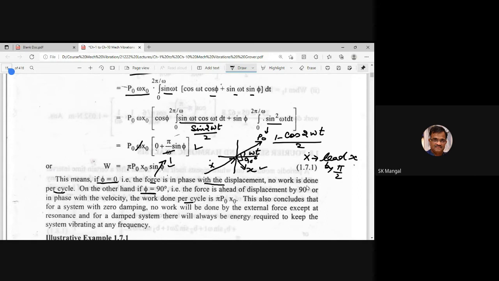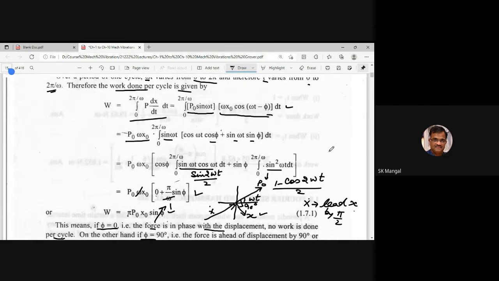So now if I correlate this derivation for an undamped forced vibration, for those conditions you have a phase difference graph.